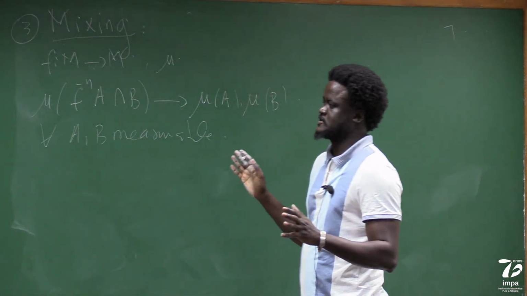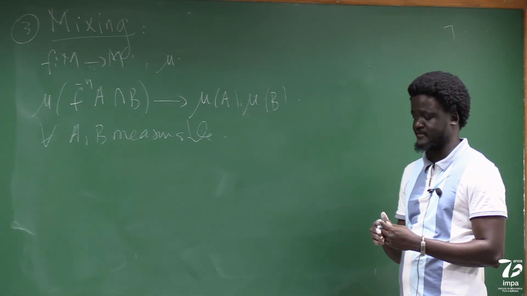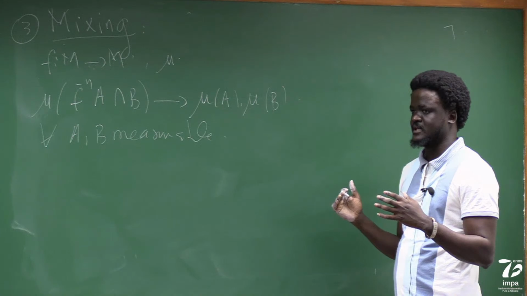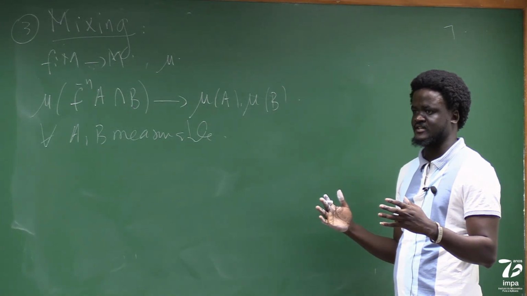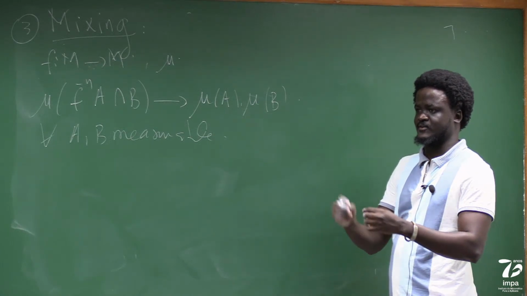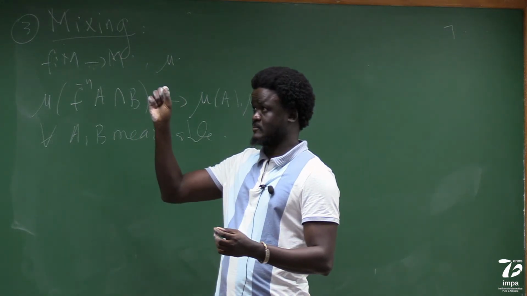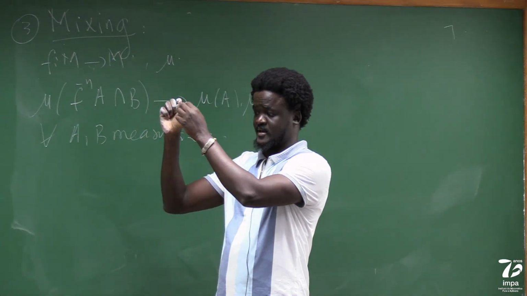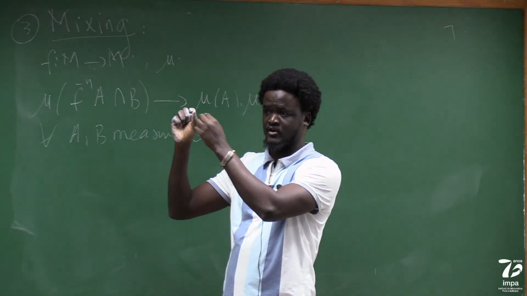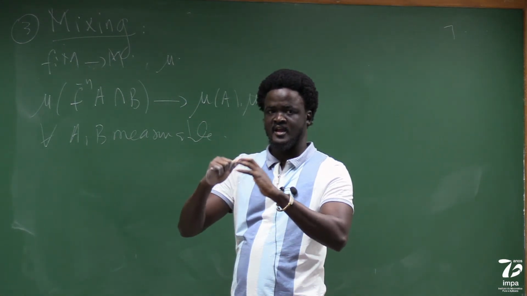I like to explain this property of mixing as how these systems tend to lose memory. They tend to forget their past, to forget where they come from, like the orbit. If you look at the orbit of a point, you might not be able to recover its past. Most points are doing the same thing eventually.